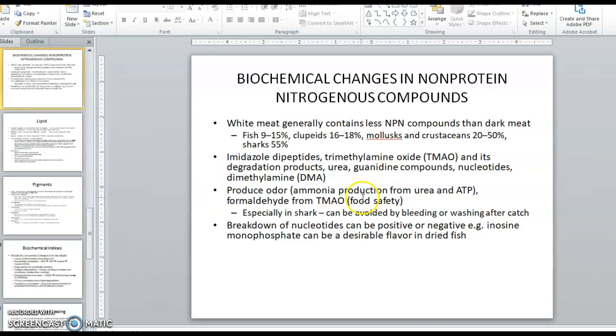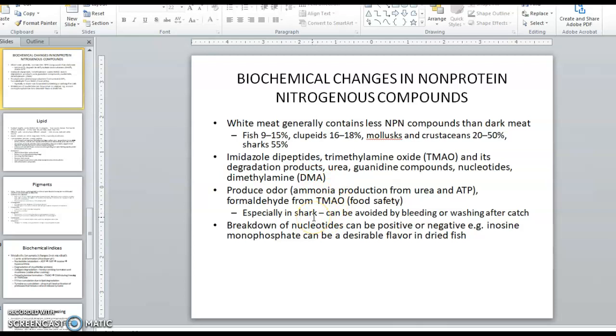The degradation of these compounds can also produce odor, for example ammonia production from urea and ATP, and formaldehyde from TMAO, which can cause certain food safety issues, for example poisoning, stomach ache, and so on. Especially in shark. Not that we eat a lot of shark, but if the shark is left for quite some time after death, it can develop a lot of this ammonia and also TMAO.